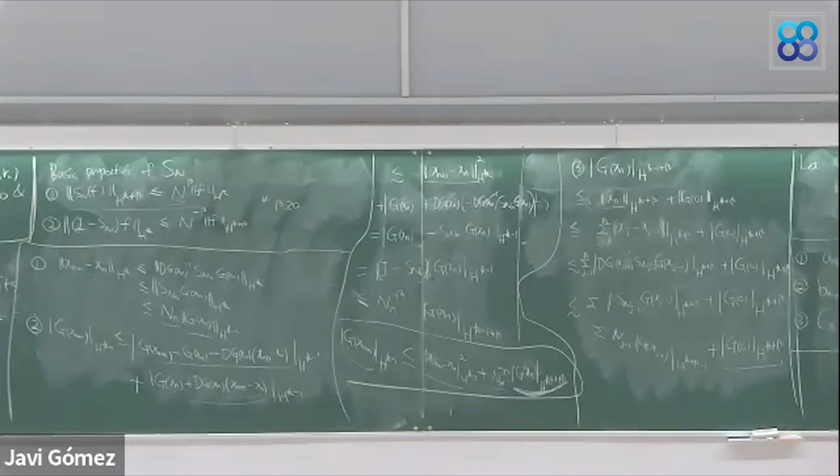So we can put this guy in here, and we get b_{n+1} is less than or equal to N_n squared times b_n squared plus N_n to the negative beta c_n, and c_n is bounded by something here.